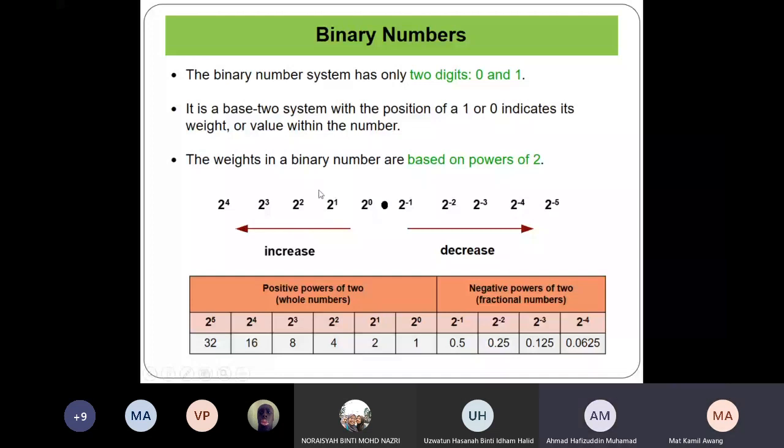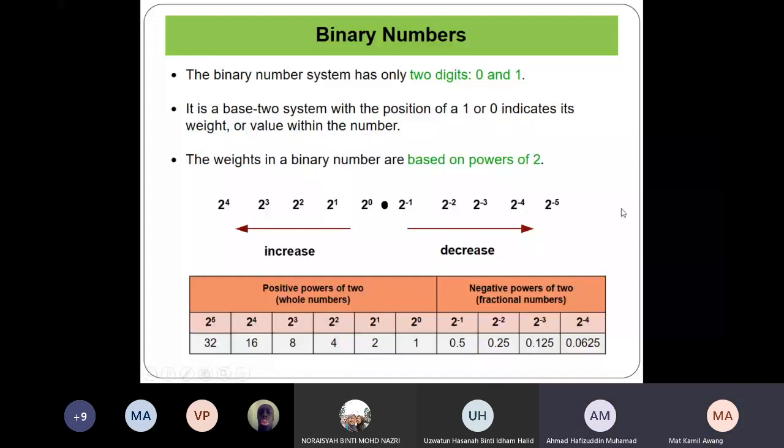In binary, because it's base 2, you have 2 to the power of 0, 2 to the power of 1, 2 to the power of 2, 2 to the power of 3, and so on. And on the right of the decimal point, you get 2 to the power of minus 1, minus 2, and so on.